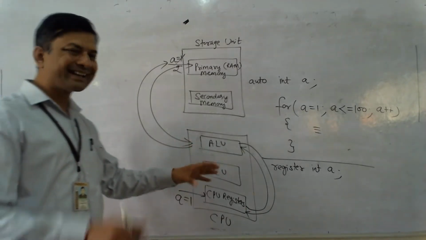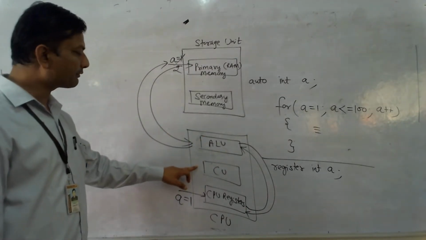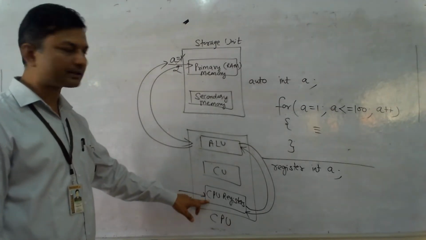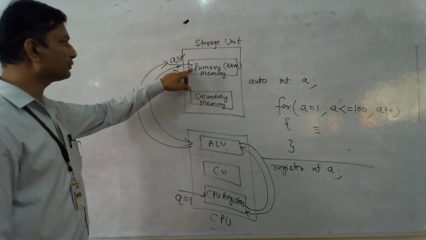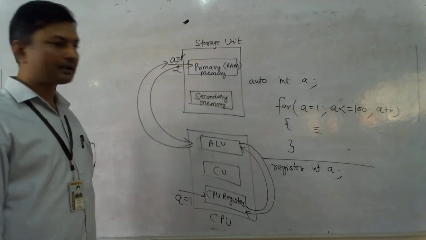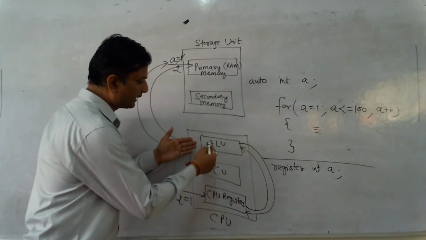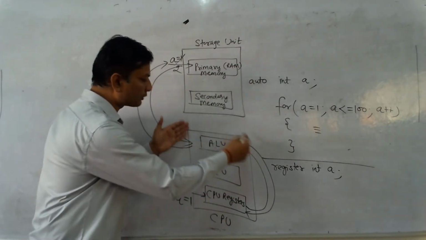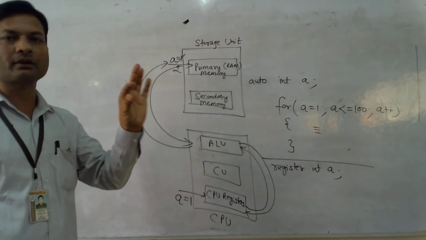So who will take less time? Obviously if a variable belongs to CPU registers, it will take less time as compared to a variable belonging to RAM in terms of calculation. Why? Because ALU and CPU registers both belong to CPU. Both are in the same unit of the computer.